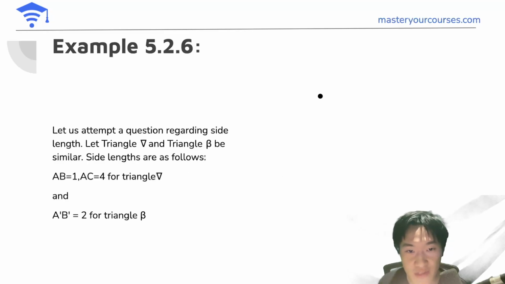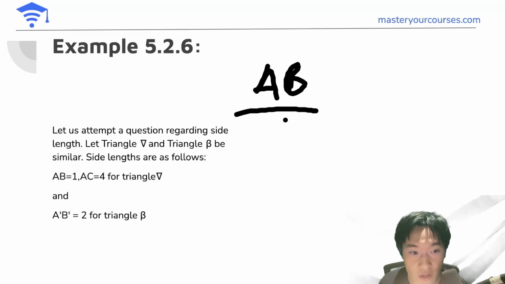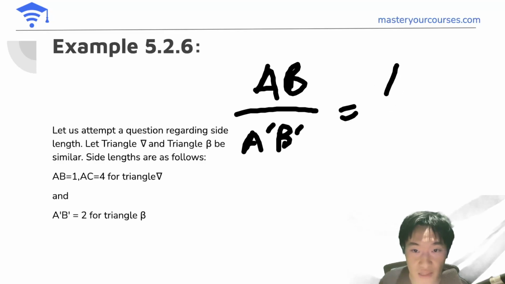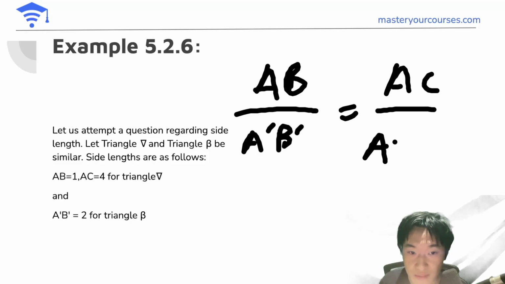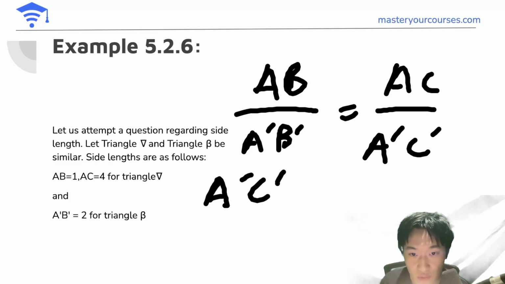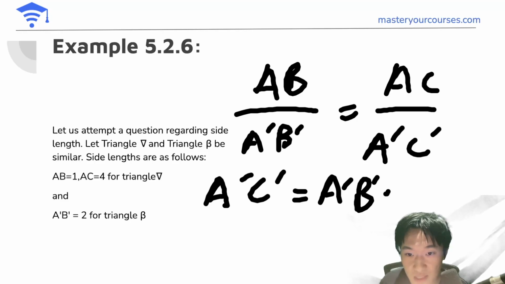Well, what do you know from the previous example? We know that the ratios are all equal to each other. So AB over A prime B prime is equal to AC over A prime C prime. And we want to know the length of A prime C prime. So manipulating this equation as one would do, you have A prime B prime times AC over AB.